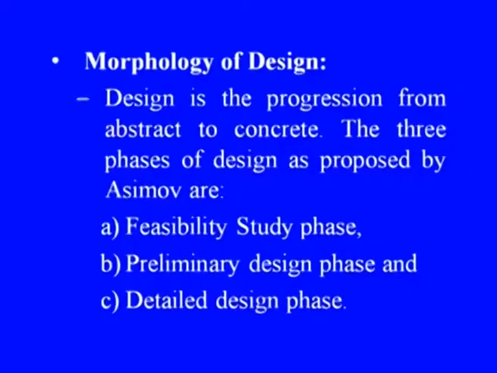Next is morphology of design. Design is the progression from abstract to concrete. The three phases of design as proposed by Asimov are the feasibility study phase, followed by the preliminary design phase and finally the detailed design phase.